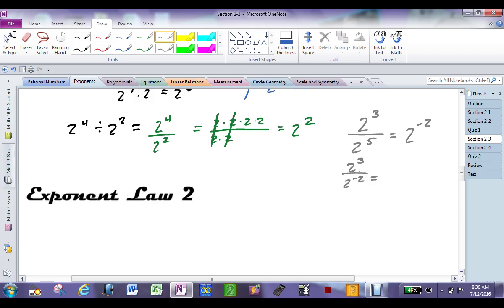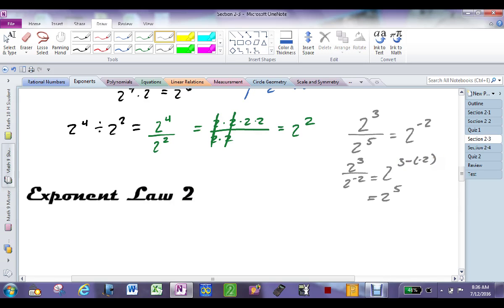Good thing we did that whole unit on adding and subtracting. 3 minus negative 2. 2 to the 3 minus negative 2. 2 to the positive 5. If you knew it, why didn't you say so? How did you subtract it? 3 minus minus 2. Now I get it. Okay.